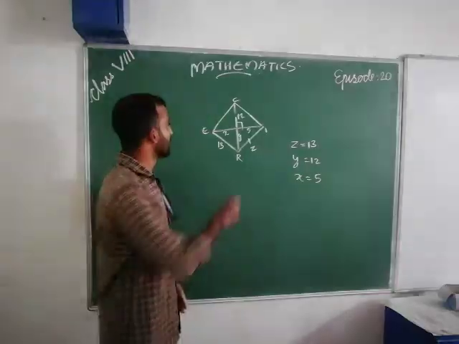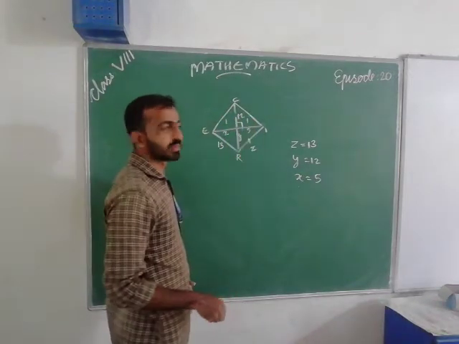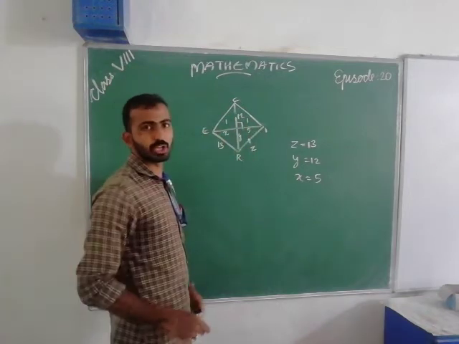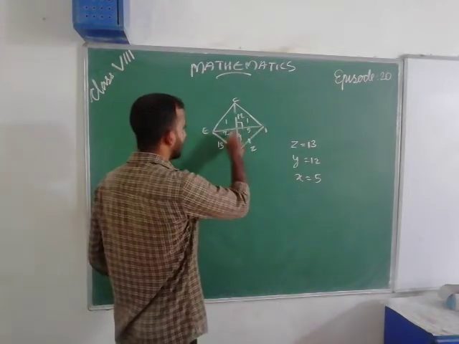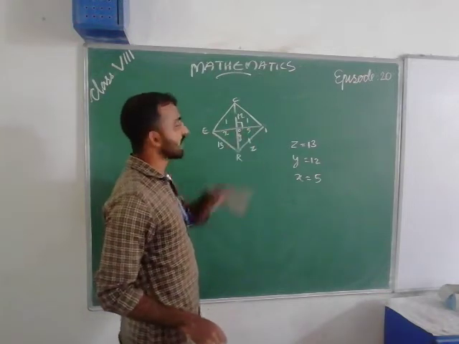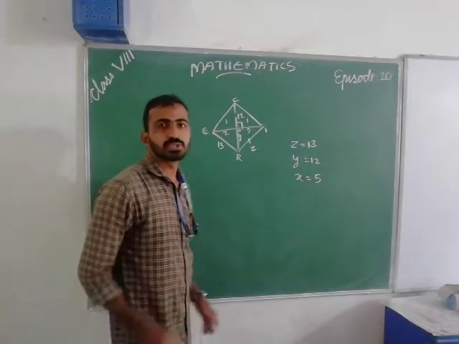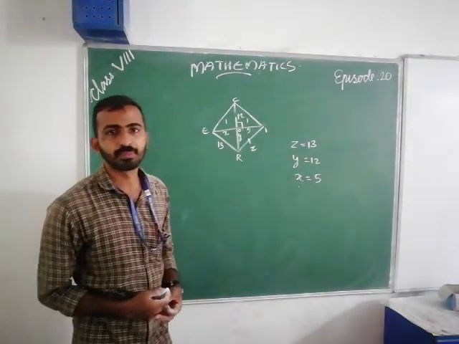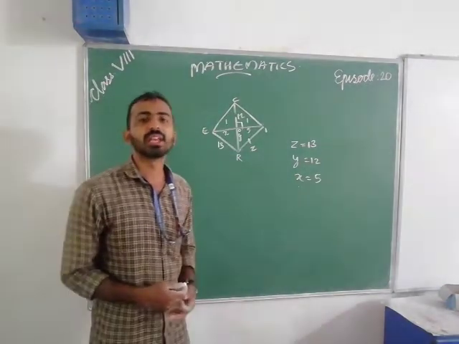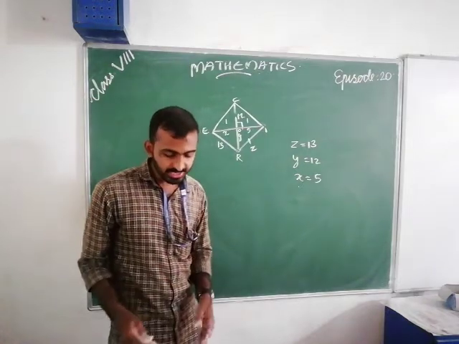When we consider this triangle and this triangle, EC and CI are equal, EO, here we put O, EO and OI are also equal, and CO is common. Then here we get 90 degrees.